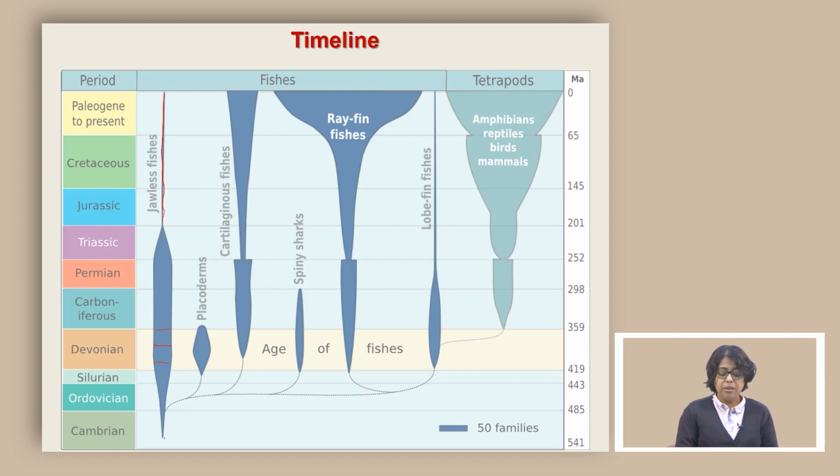On the other hand, the ray-finned fishes started increasing in number of types all the way in the Devonian, and then kept increasing till the Permian, where it dropped for a bit and then again started increasing, and today there is a large variety of ray-finned fishes.